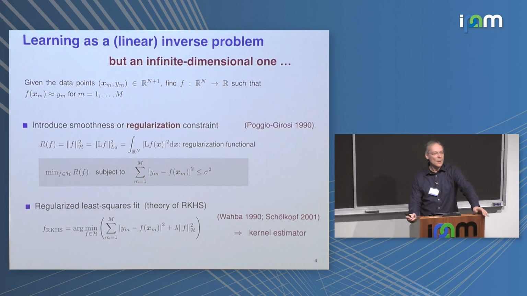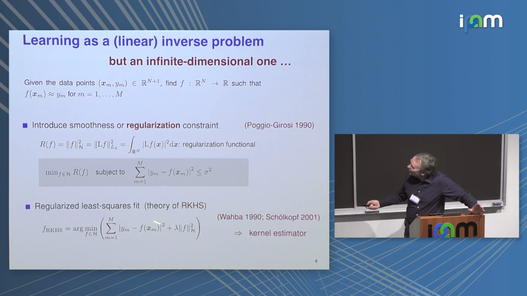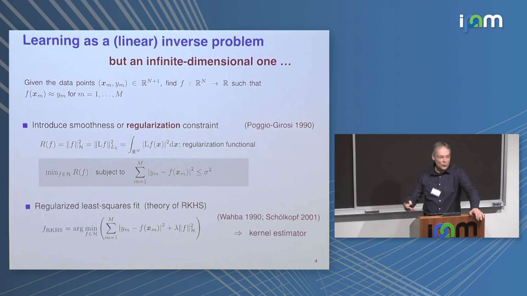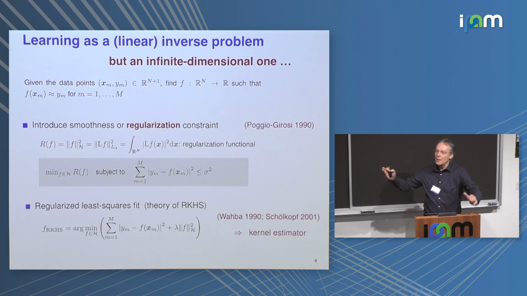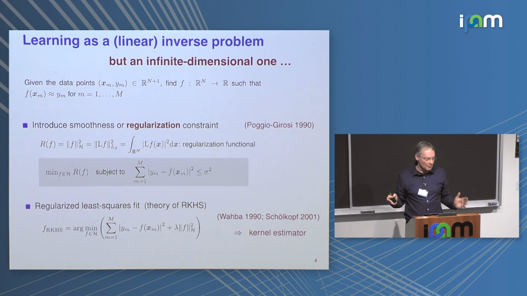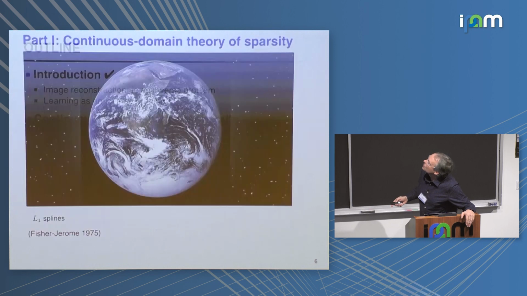There's a very beautiful theory of reproducing kernel Hilbert spaces, and a very nice result tells you that the solution of this problem is actually a linear expansion in terms of kernels. So what this tells you is that you're trying to solve an infinite dimensional problem, and in fact the solution lives in a linear combination of kernels. Then you can just fit this linear combination to your data points. And so this, I would say, is classical machine learning before deep neural networks.